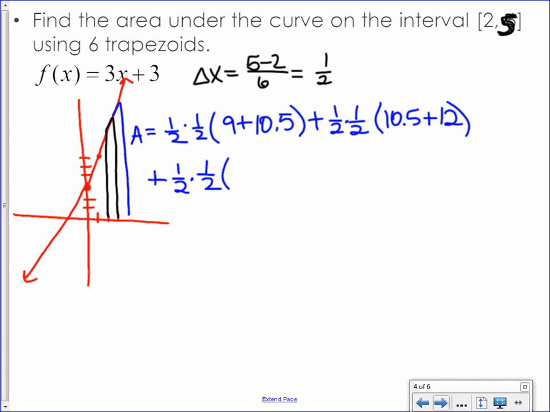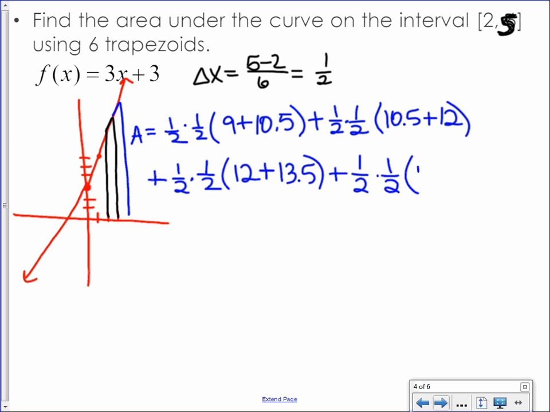So this is our third trapezoid. One base is when we plug in 3. One base is when we plug in 3.5. 13.5.